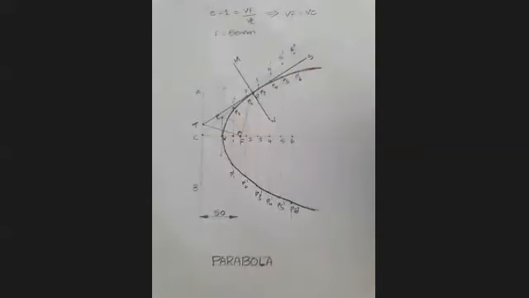That will be your tangent. And to your tangent, the normal will always be perpendicular. So from P, you draw a perpendicular line to the tangent, then you will get the normal.